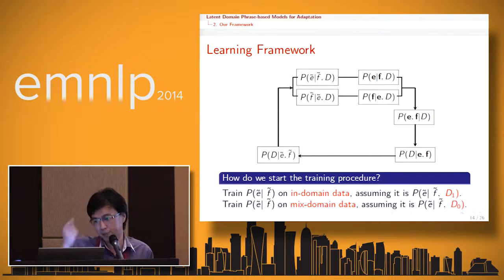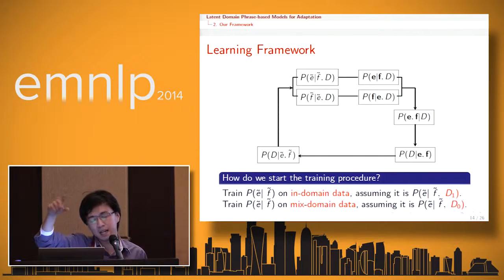Let me explain it again. We can use P of D given phrase, and then from P of D given phrase, we can estimate P of phrase E given phrase F and D, and we can estimate P of phrase F given phrase E and D. And then from P of phrase E given phrase F and D, we can update P of sentence E given sentence F and D, and so on.